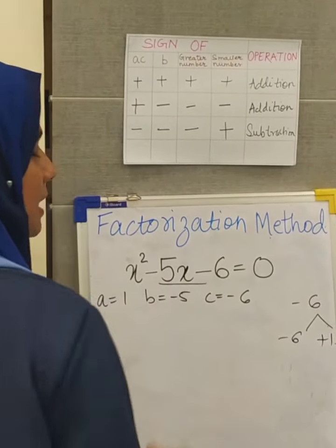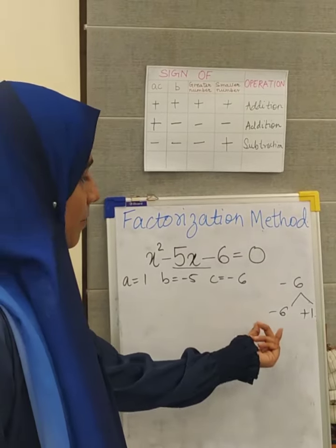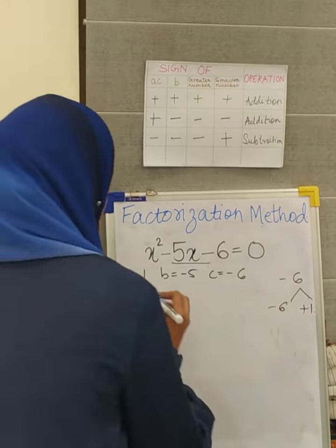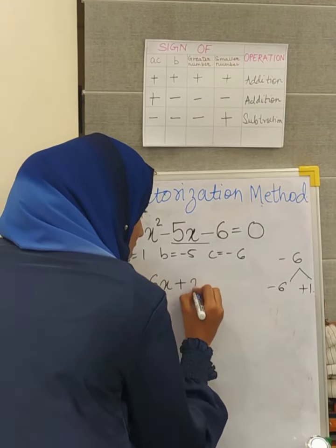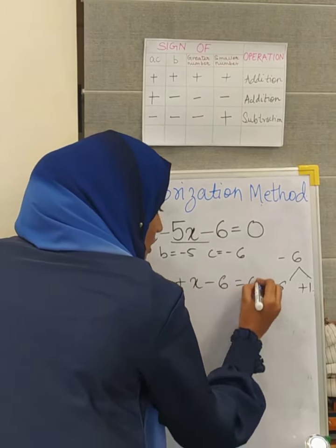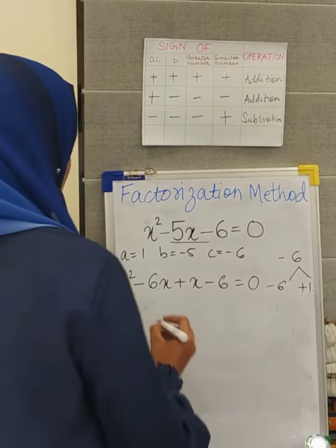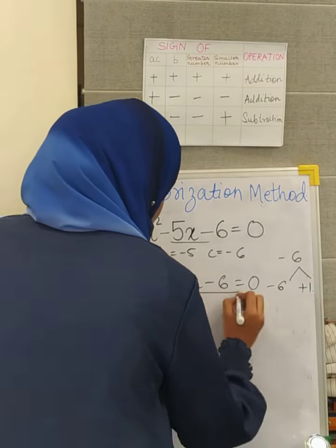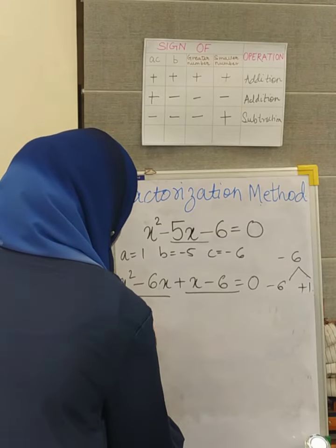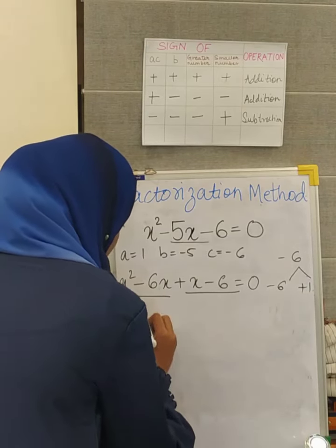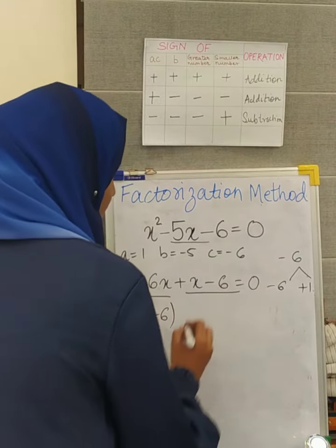Now we will split the middle term into the factors minus 6 and plus 1. So it will become x square minus 6x plus x minus 6 is equal to 0. We will pair it up. Now in x square minus 6x, x is common, so we are left with x minus 6.